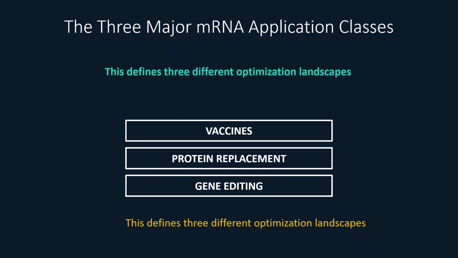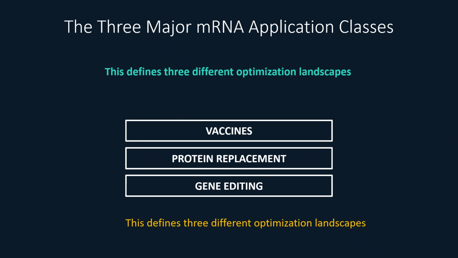Vaccines are designed to trigger the immune system, so you want strong antigen production, but only briefly. Once immunity is primed, continued expression is unnecessary and just adds inflammation. So that means we need high peak and short duration.